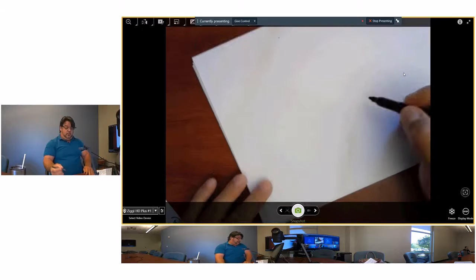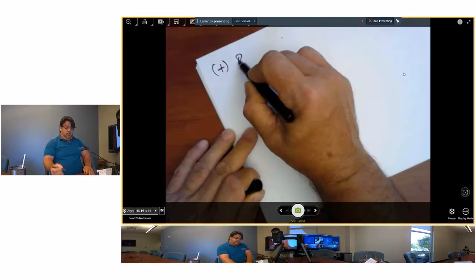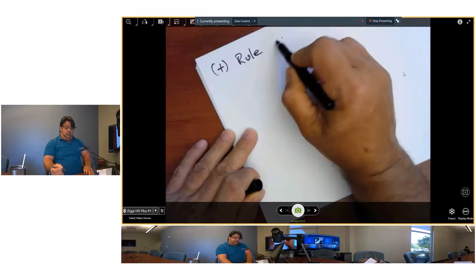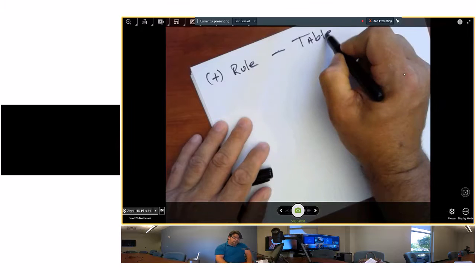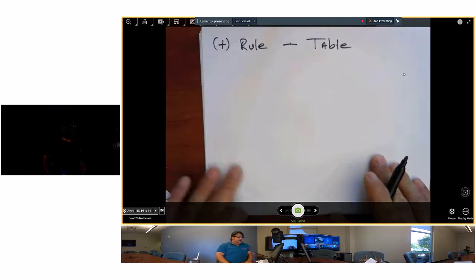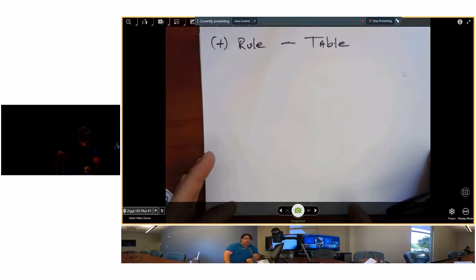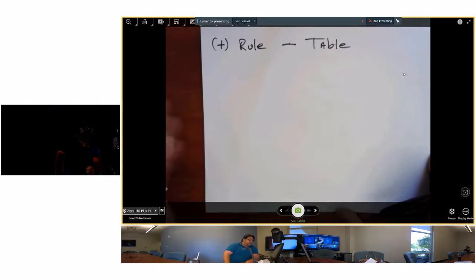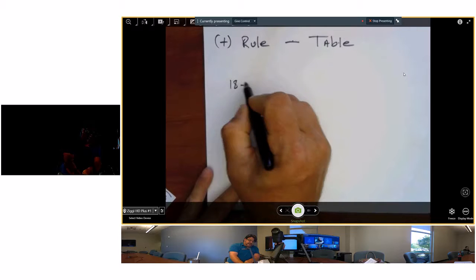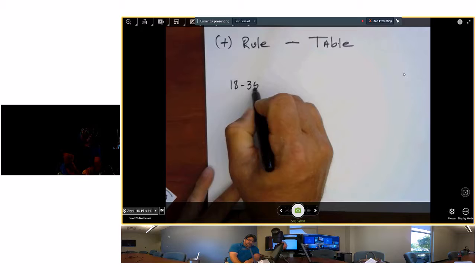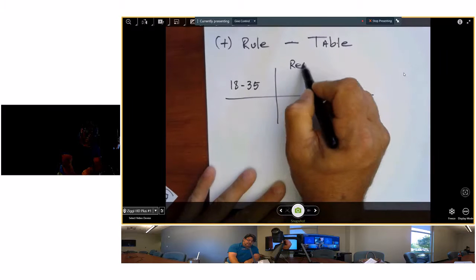Remember, when I told you about the additive rule, I told you that most of the time it would be a table. I said, remember me telling you don't read into the table too much because it'll confuse you? So I'm going to give you a table. 18 to 35. Responded.